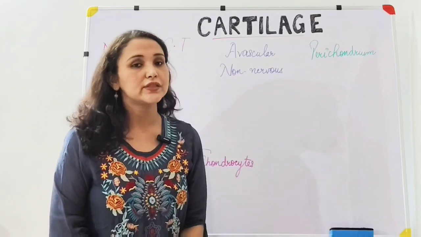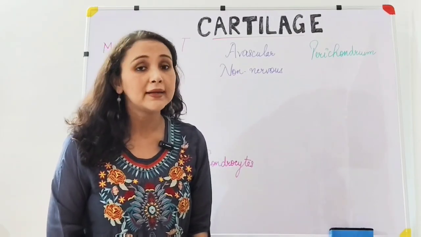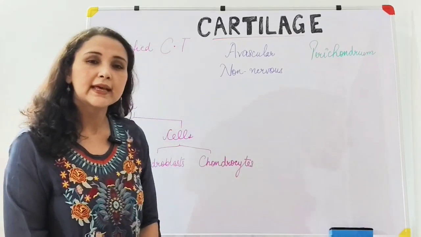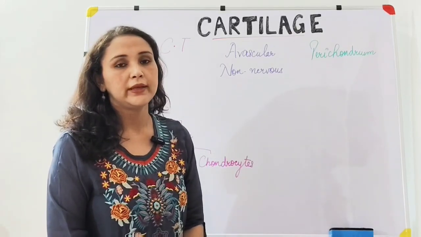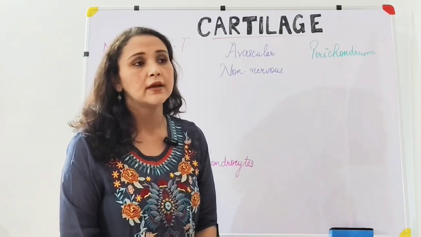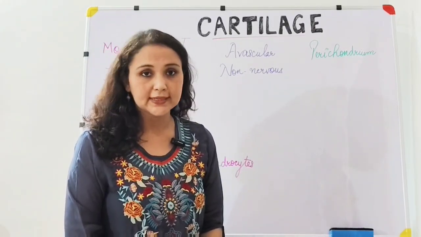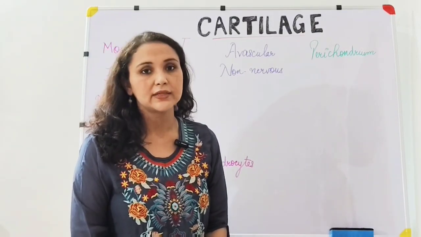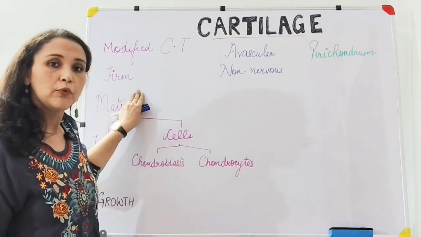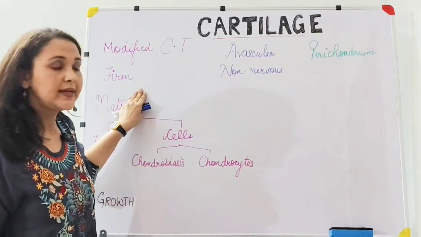But cartilage is not that hard and rigid, but it is firm enough to form a skeletal framework of the various parts of the body where it is present. For example, the nose, for example, the pinna or the external ear, and there are many other sites we'll discuss further. So it is not hard and rigid like a bone, but it is firm, right?